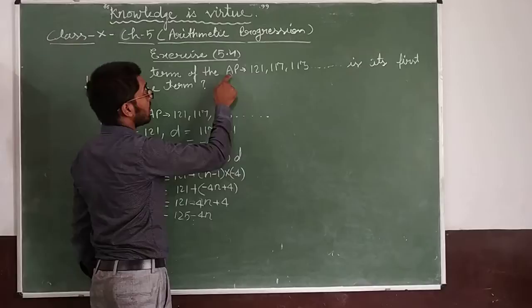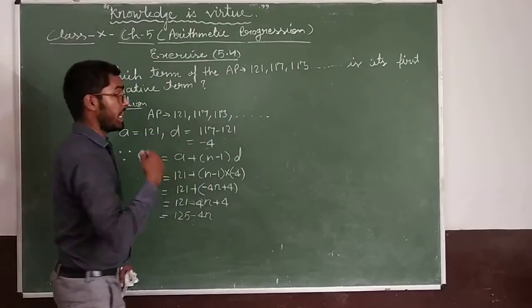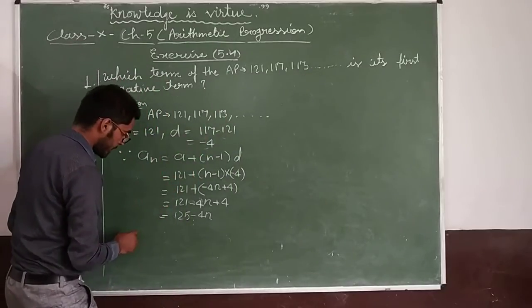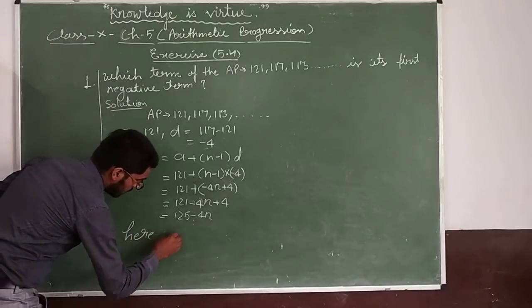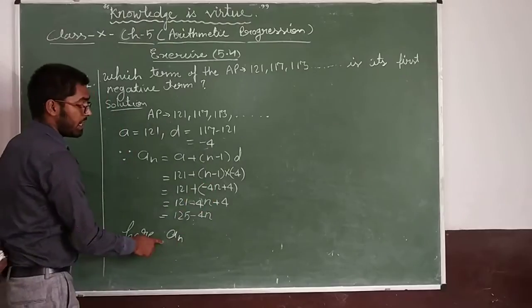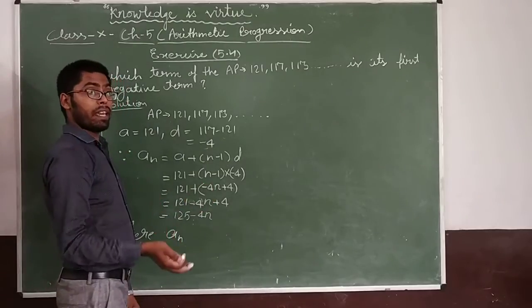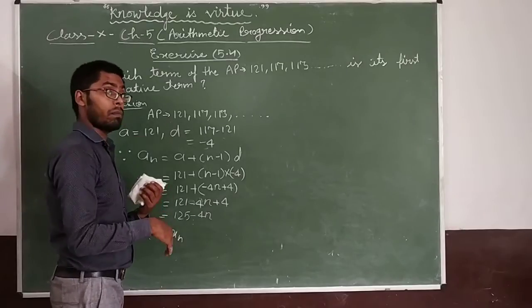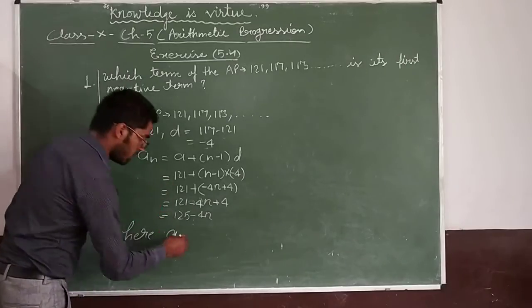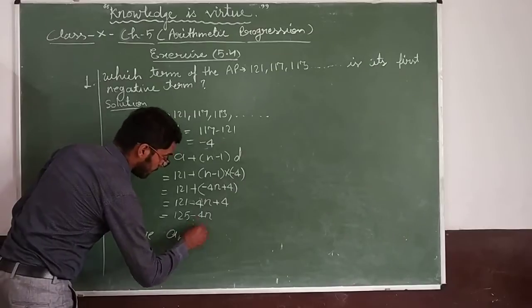Now read your question again: which term in an AP is its first negative term? It means AN is negative, so that number will be less than 0, because a negative number is always less than 0.